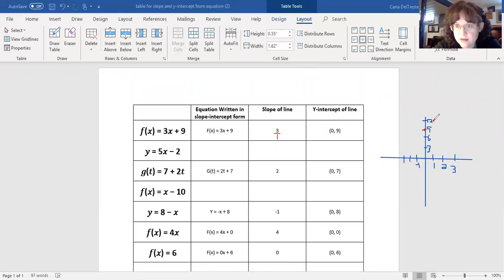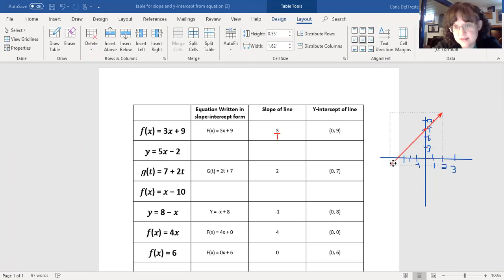You could keep going if you want, but it only takes 2 points to make a line. So with that, I can connect these dots. And now I have the line.